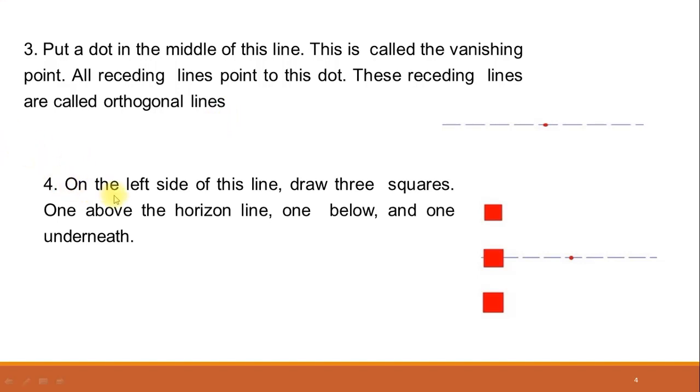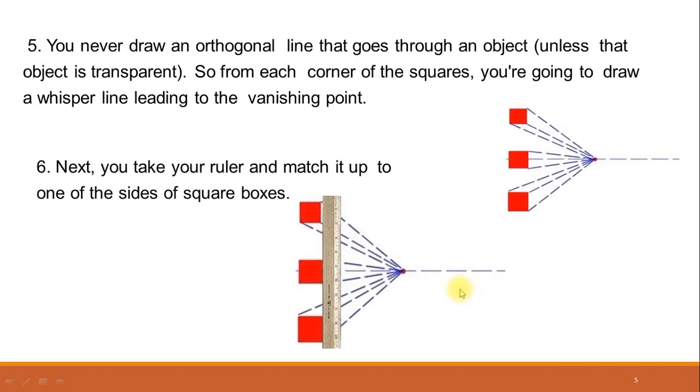Now on the left side of this line, draw 3 square boxes, one above this line, one on the line, and a third below this line. Then at step number 5, you never draw an orthogonal line that goes through an object unless that object is transparent.